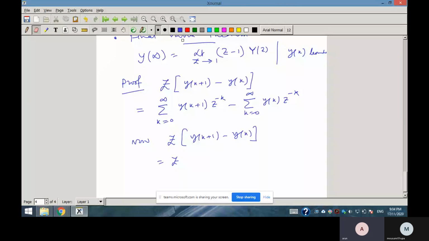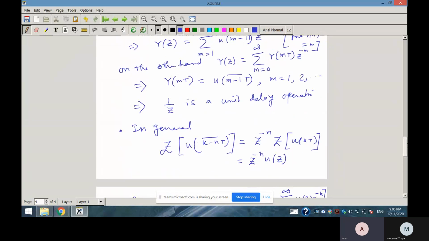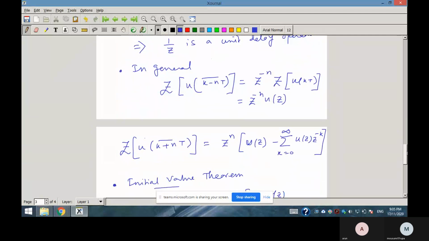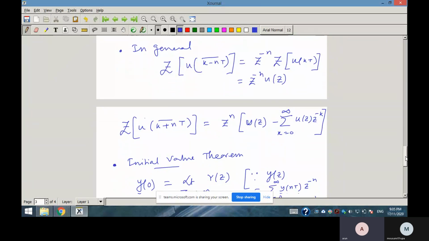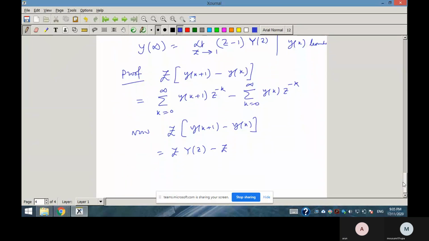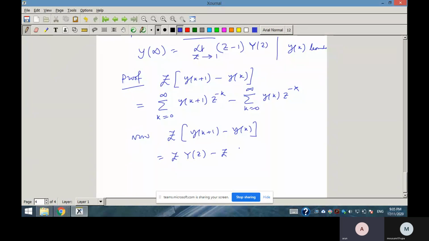It will be z into Y(z) minus z into y0, minus Y(z). Here n equals 1 for yk plus 1.